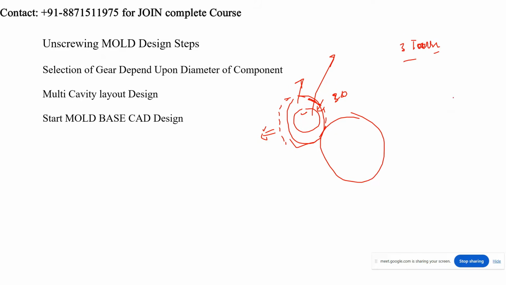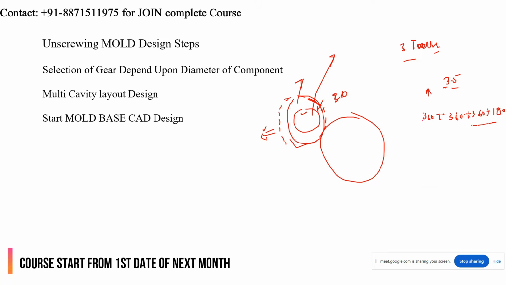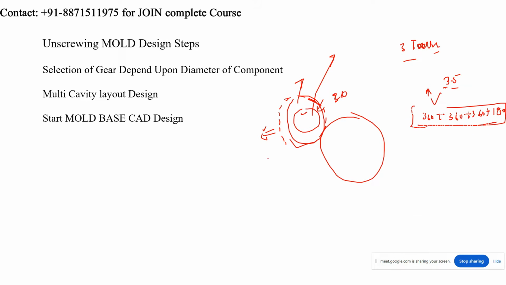It means we have to rotate this more than 3.5. It means 360 plus 360 plus 360 plus 180, right? So we have to rotate at this degree. So that's why, depending upon that, we need rotation of this center gear.